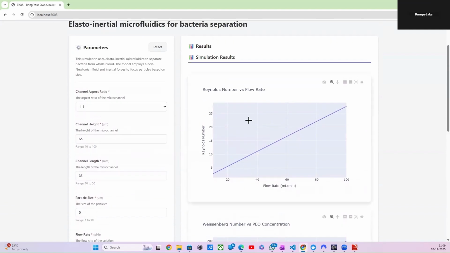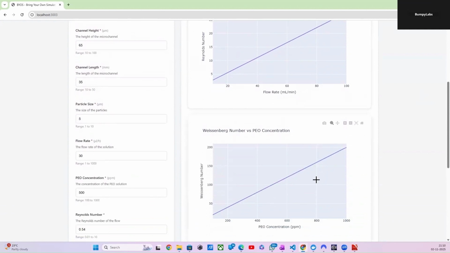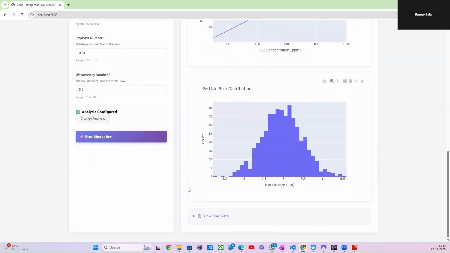Okay, so this is how the analysis looks. It can be made more advanced, but as of now, it tells you that the Reynolds number increases with flow rate, which is well understood. Then the Weissenberg number is increasing with PEO concentration. And it also tells you something very interesting here.